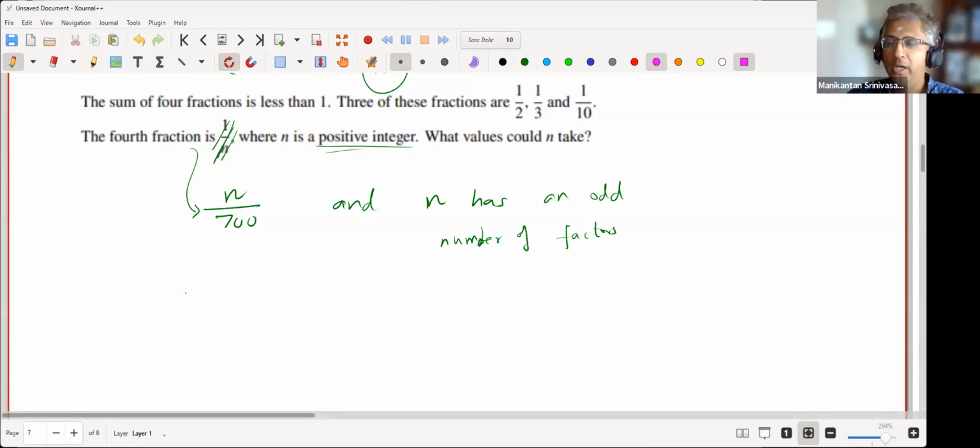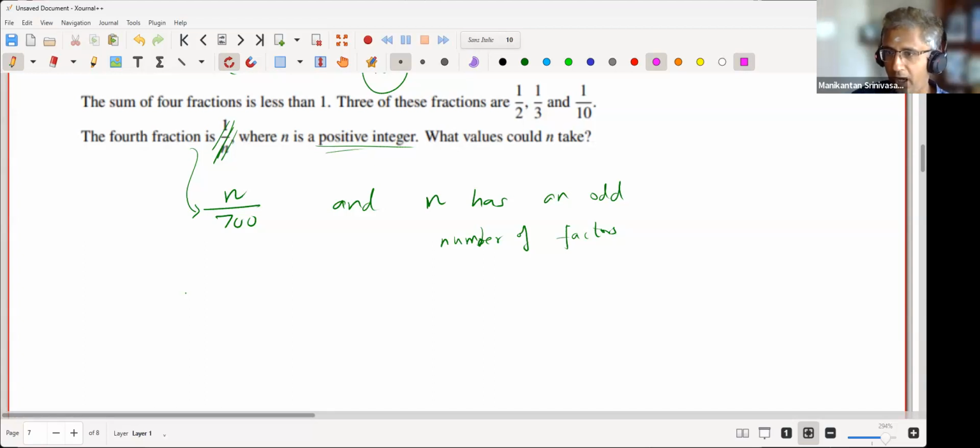Vishwita, if a particular number has an odd number of factors, what does that tell you about that number? I'm not sure. I haven't really learned much about factors yet. Okay. What about you, Nitya? What does that tell you about n? That it has to be a square. It has to be a perfect square. Yes. Right.